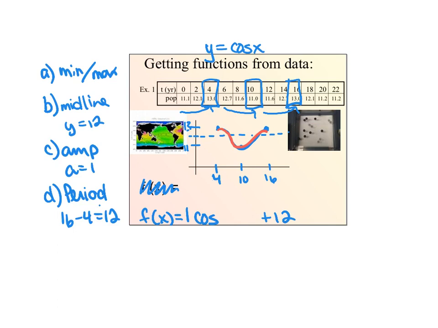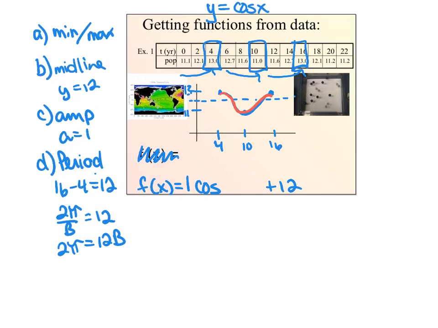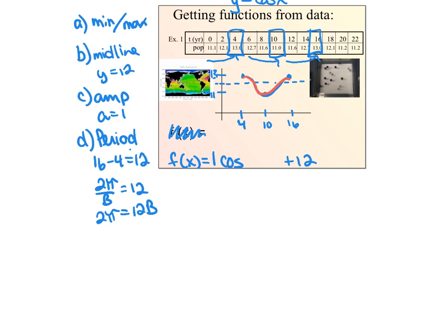So what does that mean in the function? I need to take 2 pi over b and set it equal to 12 to figure out what b is. If I solve for b, I get 2 pi over 12, which is pi over 6.